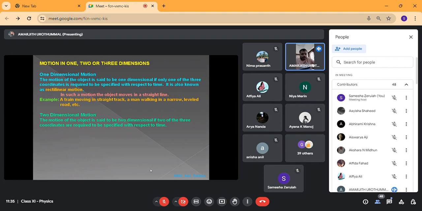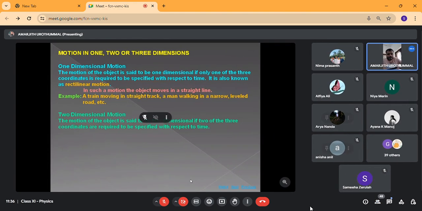What about our walking? When we normally walk, is it one-dimensional, two-dimensional, or three-dimensional? Two-dimensional, because we are moving on the surface only.